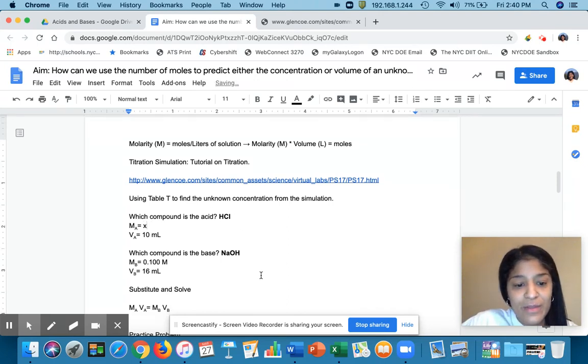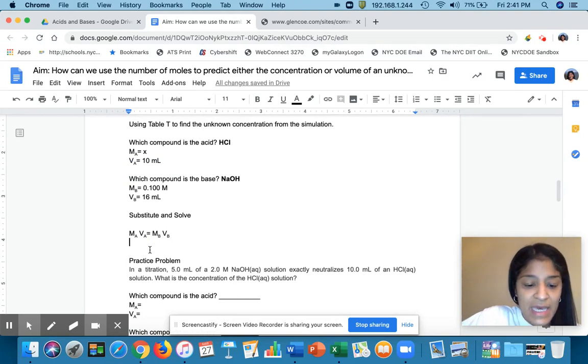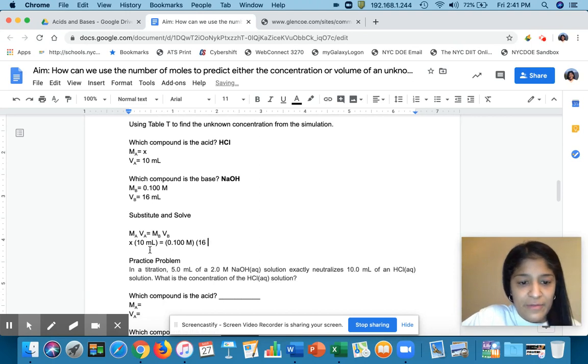So our formula, right here, we would have to substitute, right? We can say Ma is our unknown, X, and we multiply that by 10 ml, which is our volume of our acid. And then that will be equal to the molarity of our base, 0.100 molarity times the volume of our base.